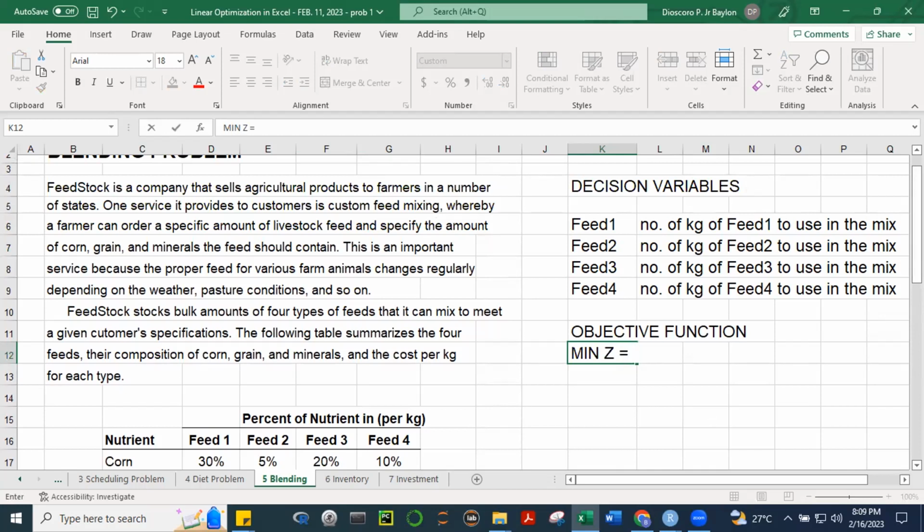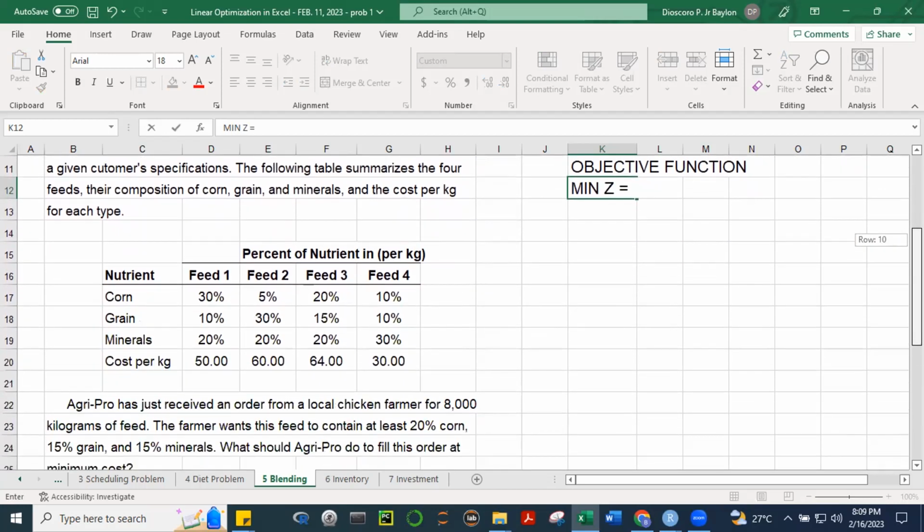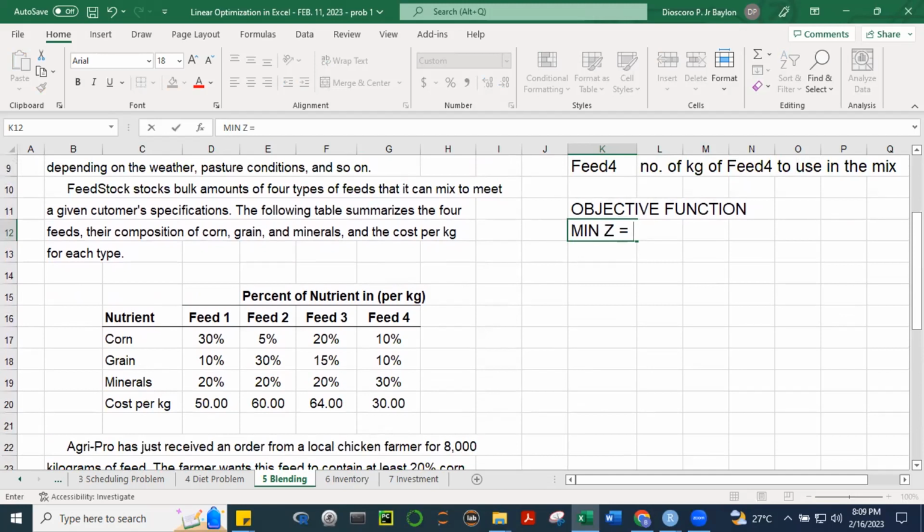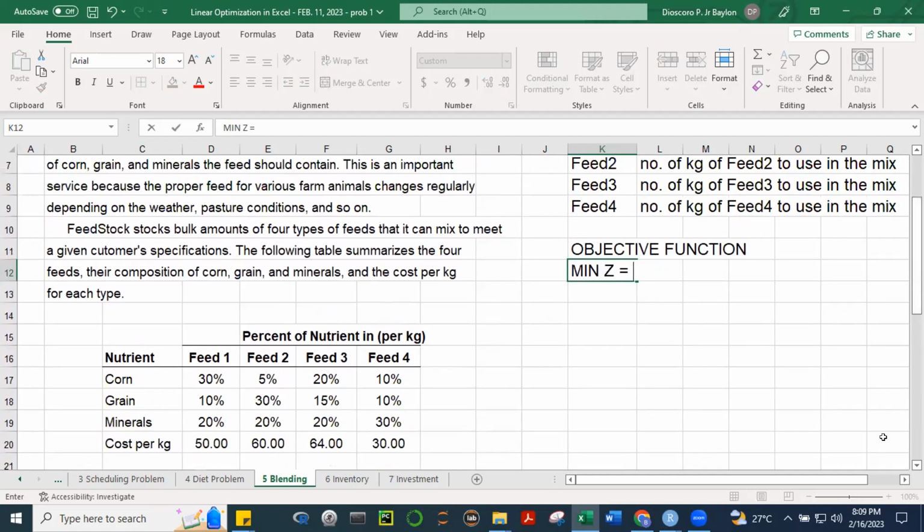So how will our objective function look like? We're given the cost. So that's 50, and then that's 60, 64, and then 30.